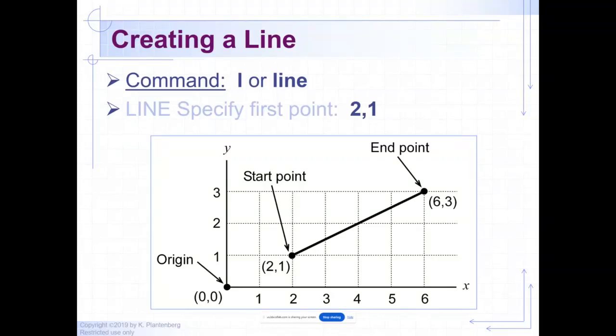Now, if I type in absolutely, 2,1, the start, 6,3, it'll look like that. But if I look at it as a relative coordinate, it's 1, 2, 3, 4 over. So that would be 4,2 would be the relative version of that.